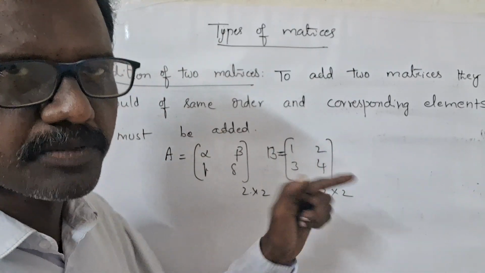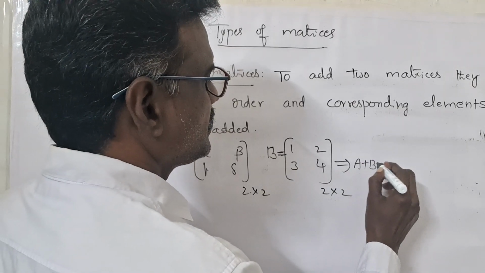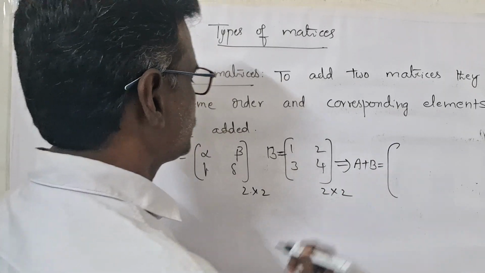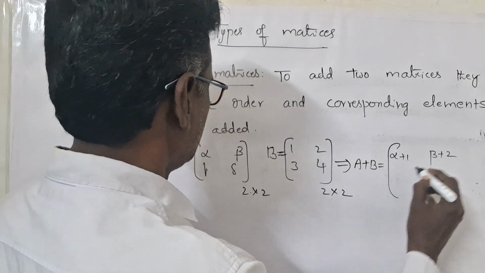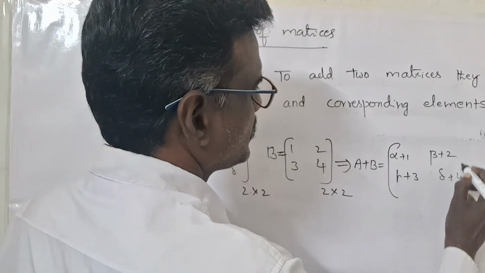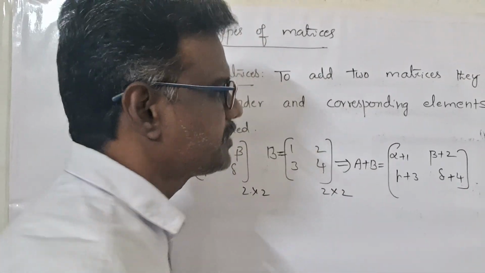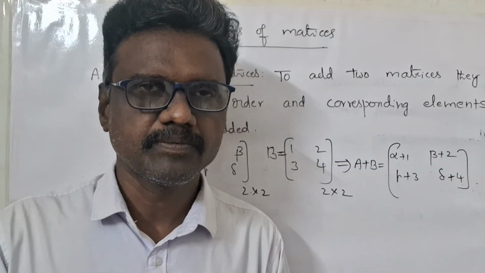This implies A plus B equals alpha plus 1, beta plus 2, gamma plus 3, delta plus 4. When you add the corresponding elements, we obtain the sum of the two matrices.